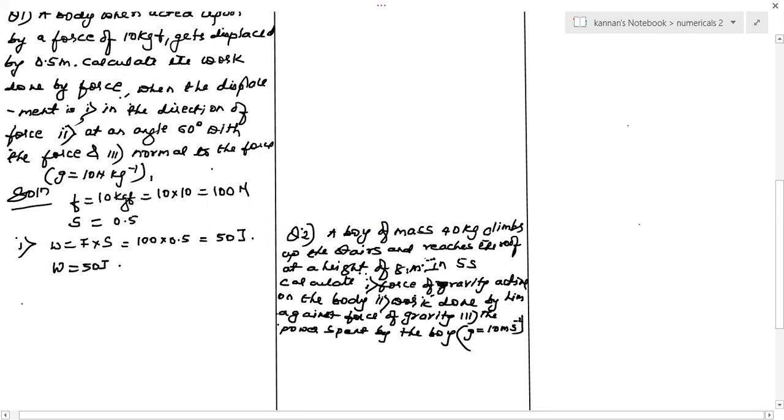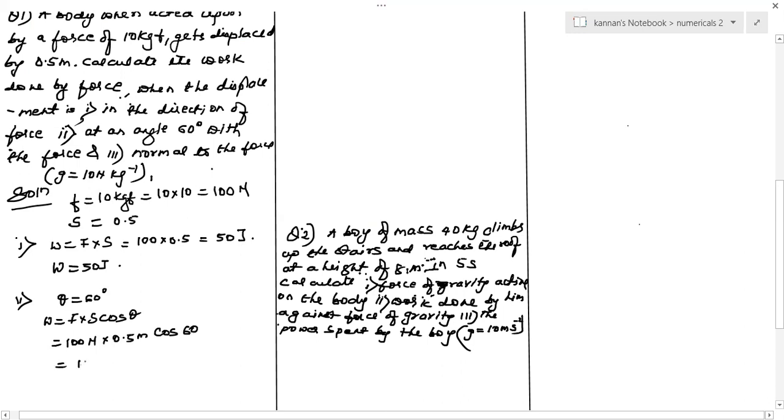Second answer, when the displacement is at an angle theta with the direction of force, theta is equal to 60 degrees. So W is equal to F into S cos theta. We know F is 100 Newton, S is 0.5 meter, and cos of theta, the angle between the displacement and the force, is cos 60 degree.